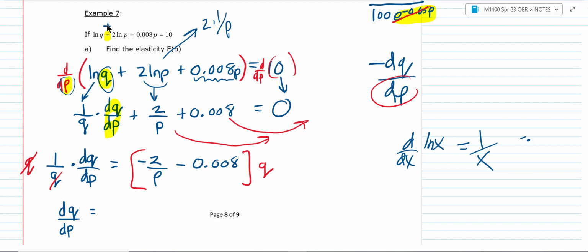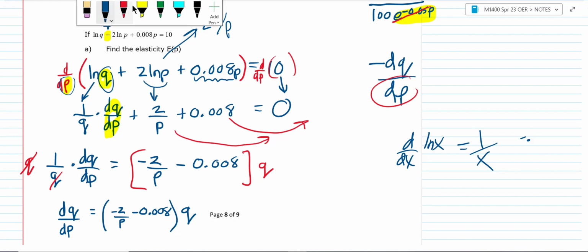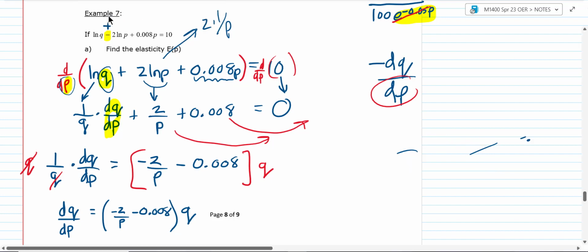I don't think you have to. That would be totally up to you. I'm just going to leave it like this: negative 2 over p minus 0.008 times q. Now that is not the elasticity, but that's necessary for finding the elasticity.